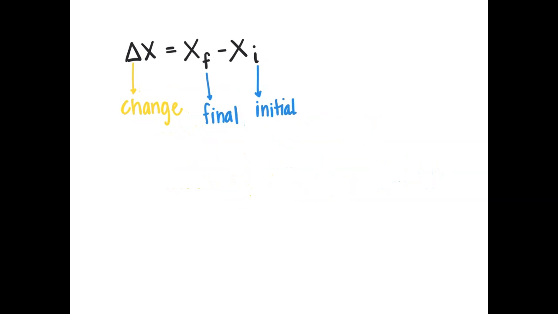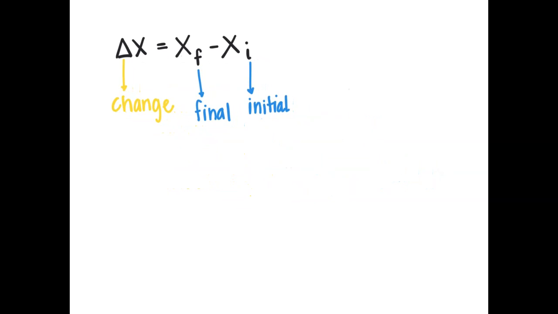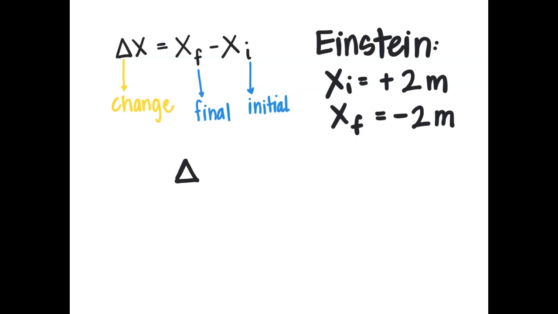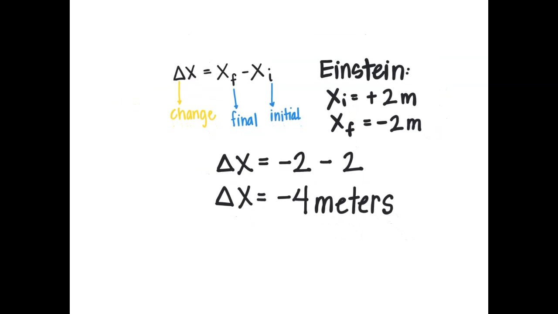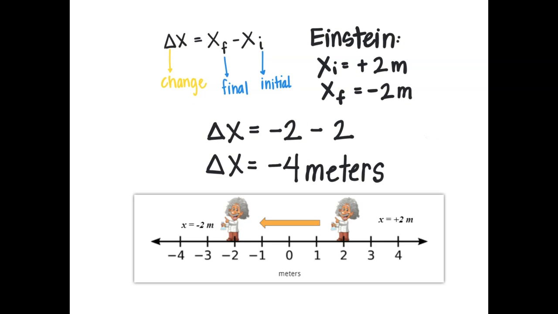So let's look at how we can use this to determine the change in position of Einstein. So our change in position, delta x, is equal to our final position, which was negative 2, minus the initial position, which is a positive 2. This gives us negative 4 meters as the change in position of Einstein as he moves from the positive 2 meter position to the negative 2 meter position.